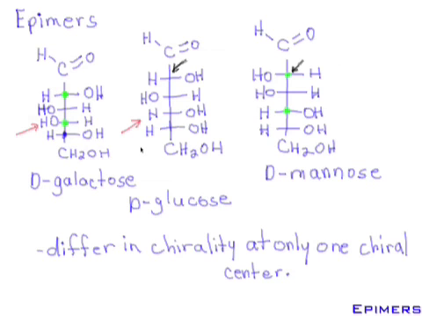There are two chiral centers with different orientations between D-galactose and D-mannose. This violates the definition of epimers, and hence D-galactose and D-mannose are not epimers of each other. Remember, all epimers are diastereomers. Okay.